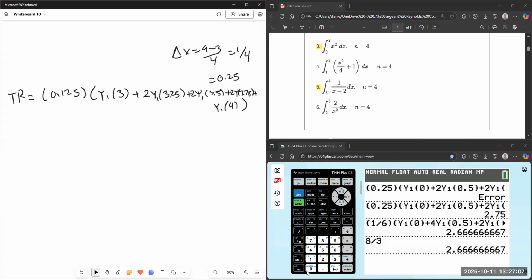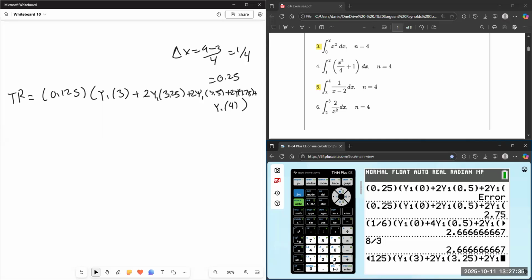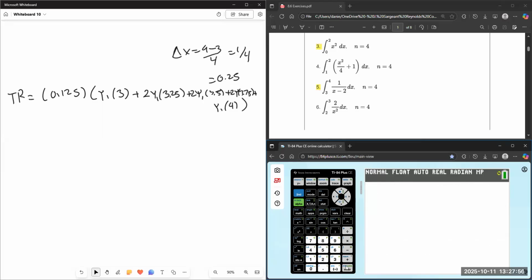So 0.125 times, and then y1 of 3 plus 2 times y1 of 3.25 plus 2 times y1 of 3.5 plus 2 times y1 of 3.75 plus y1 of 4.